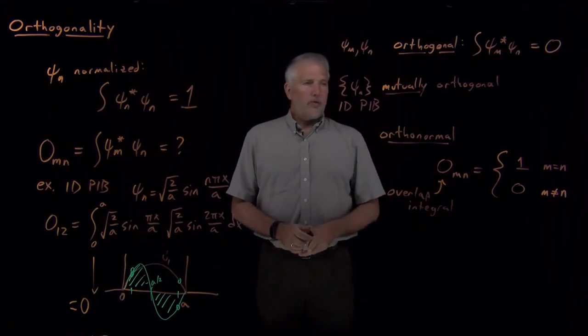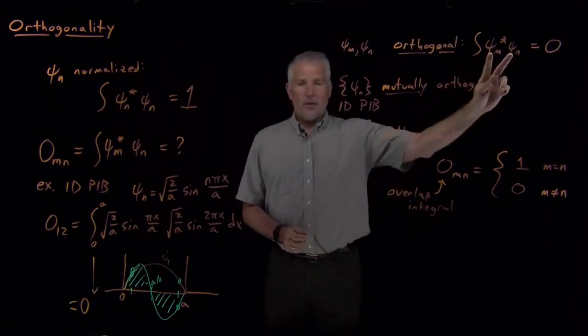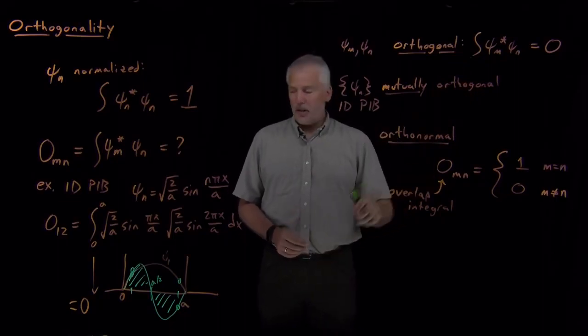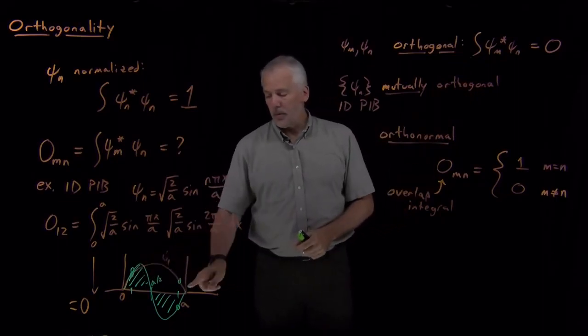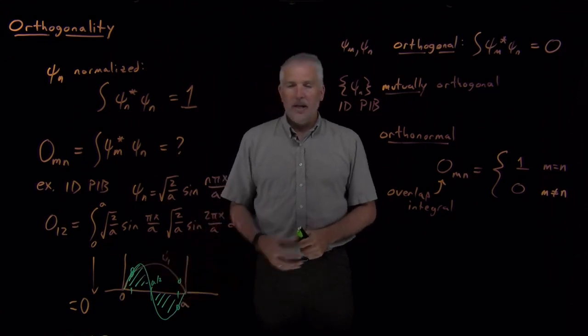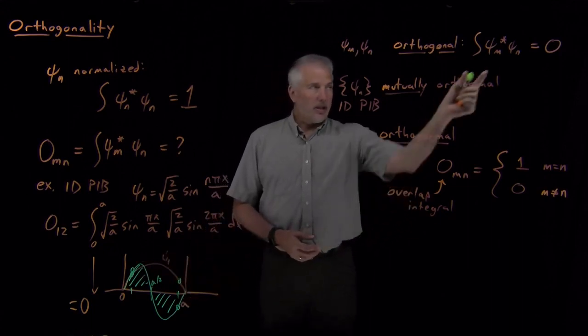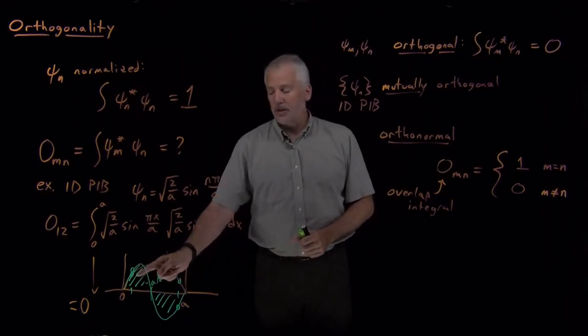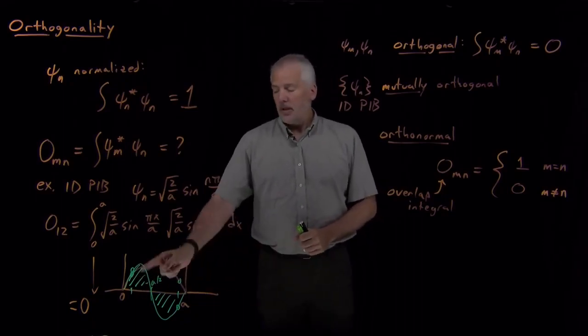The reason we call it an overlap integral, first of all, it's an integral. Two wave functions multiplied together and integrated. And when we calculate the product of one wave function times another, the inside of that overlap integral is non-zero only in places where both of the wave functions have some non-zero value.